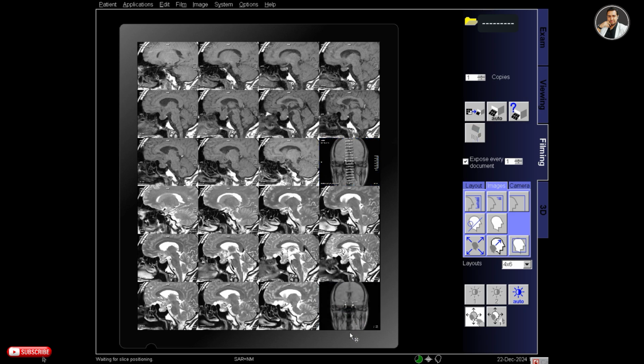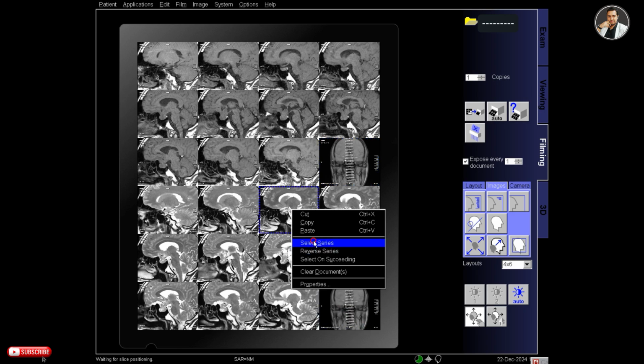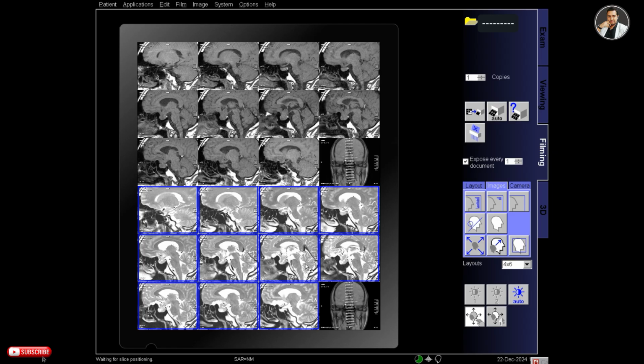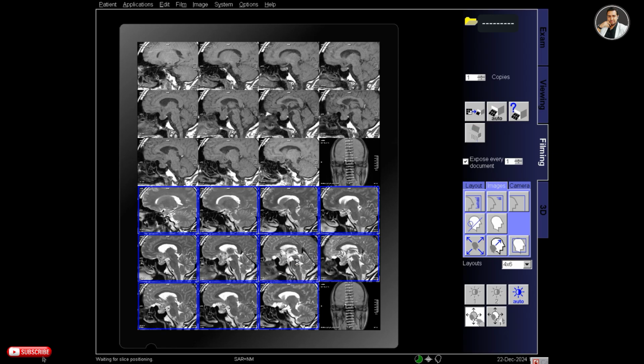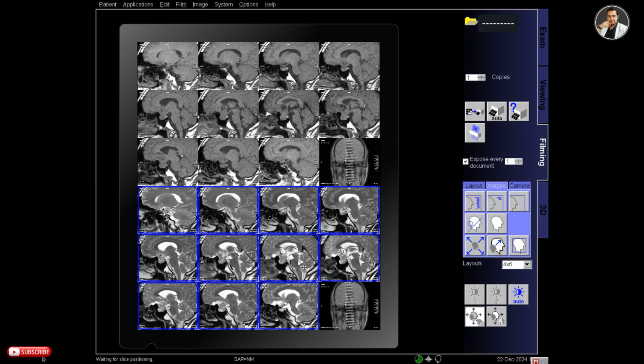So suppose there are 5 scans: the number 1 scan will be a non-contrast or normal plain scan, and between scans 1 and 2 there will be a break of 10 or 12 seconds. In this break time you have to push the contrast, and then the second scan will start automatically, and then the third, fourth and fifth scans.